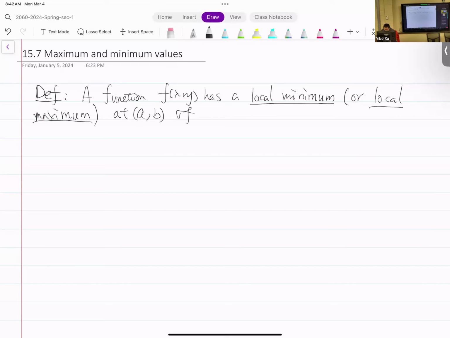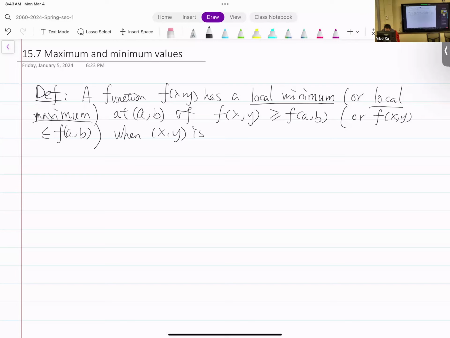If every neighbor point is higher than this output, so if f of xy is greater than or equal to f of AB, and in the maximum case, f of xy is always lower than f of AB, when the xy pair is near the point AB.